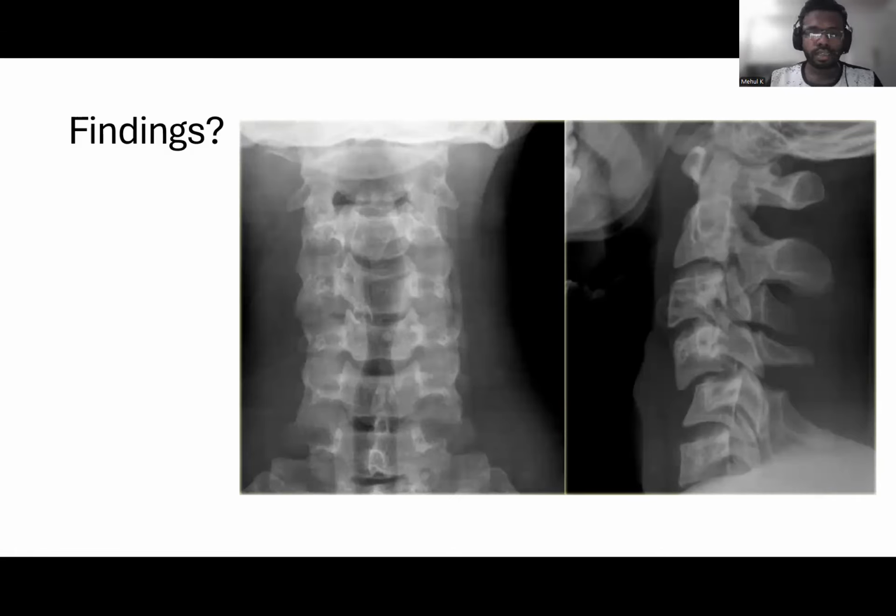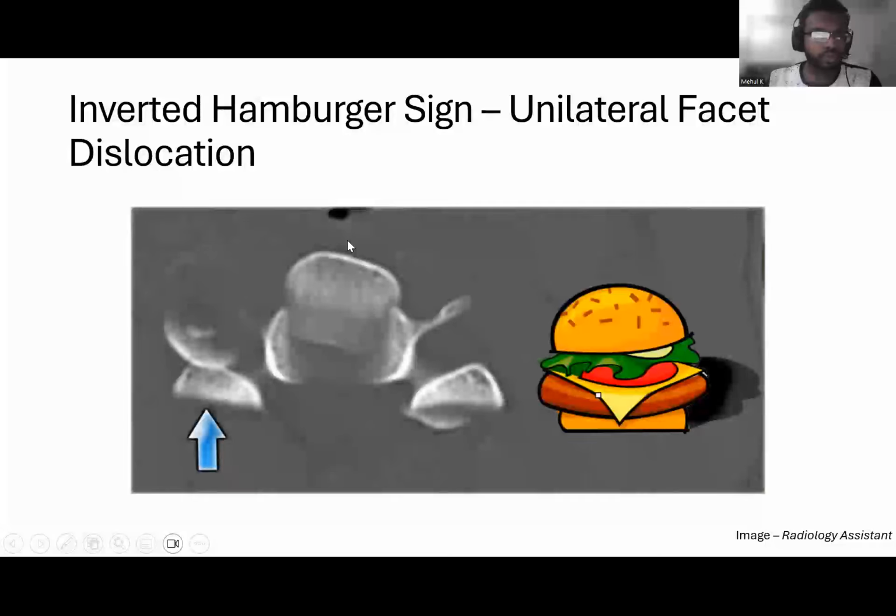You can see that there is a significant degree of widening of the spinous processes at that particular level, and that usually indicates an unstable injury. So this was actually a unilateral facet dislocation, and for facet dislocation, the best view to look for them is going to be your axial view.